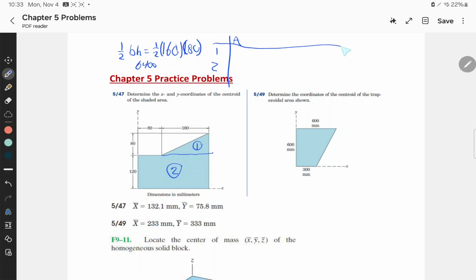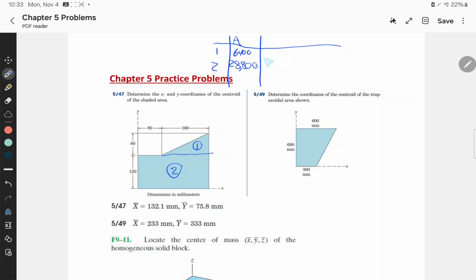Then for shape 2, it's a rectangle, so just base times height, 28,800.